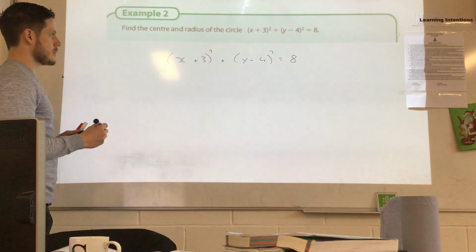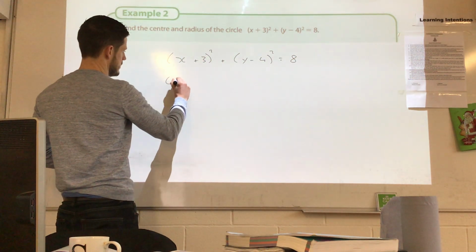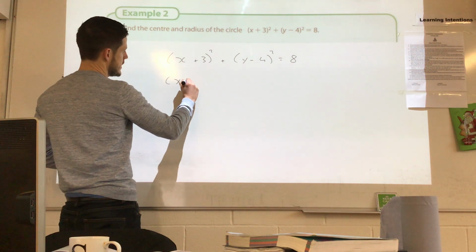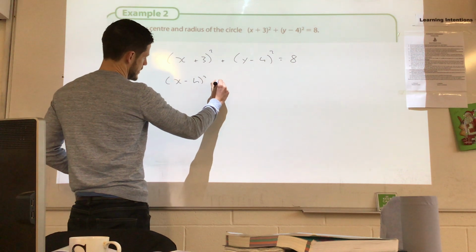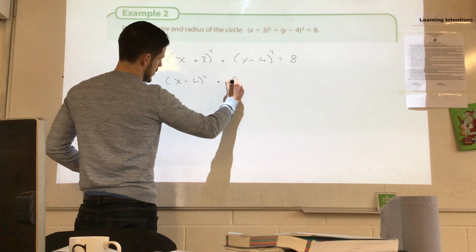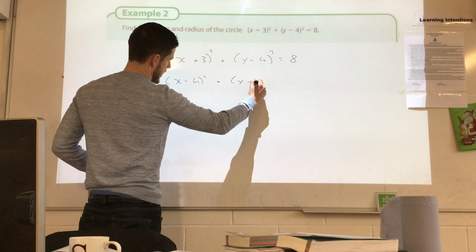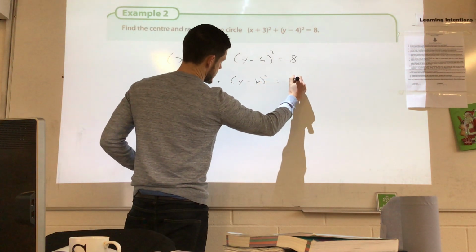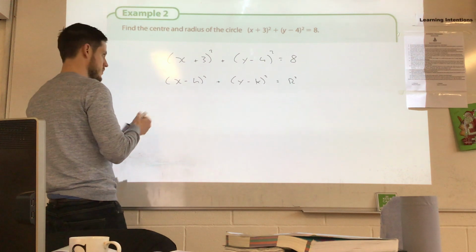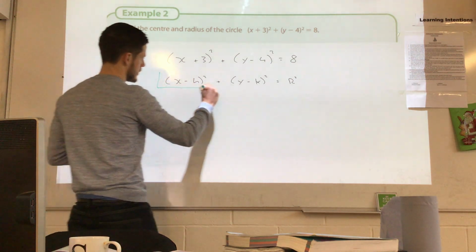And remember, the equation of a circle that doesn't have a centre 0, 0 is (x minus h) squared plus (y minus k) squared is equal to r squared. I'm going to put that in underneath there.